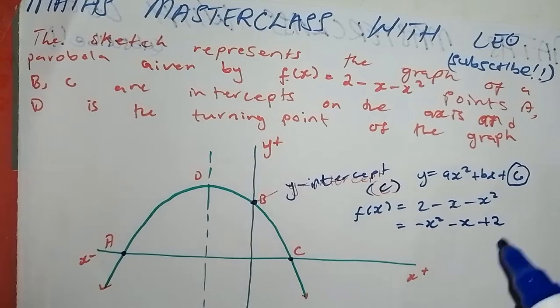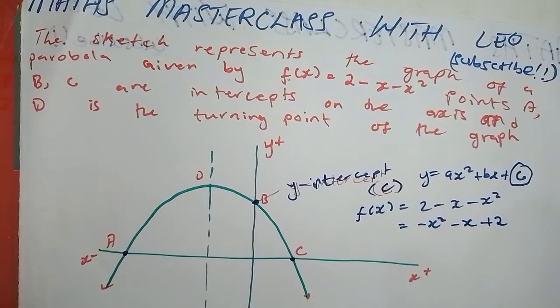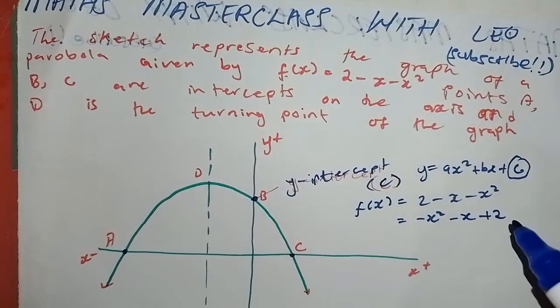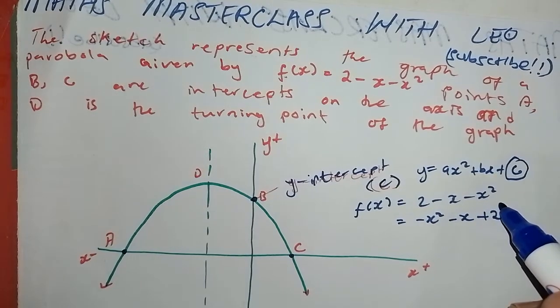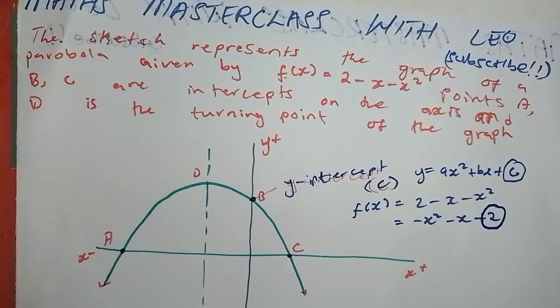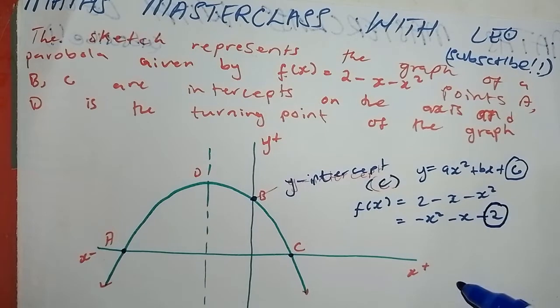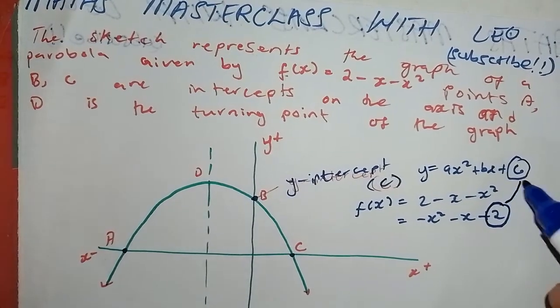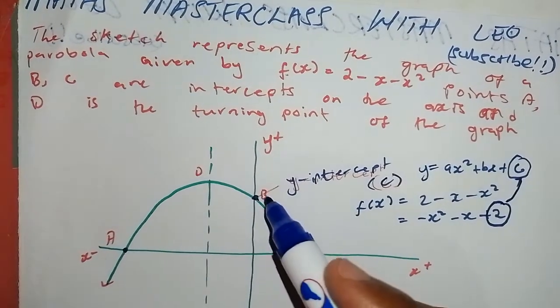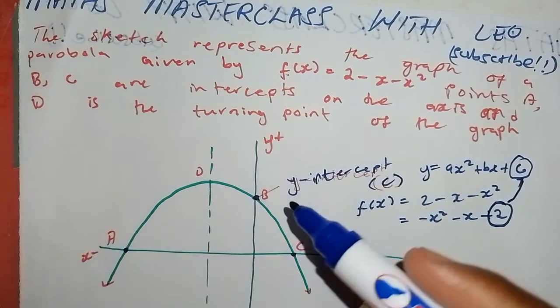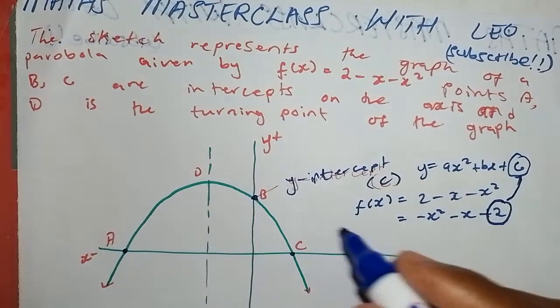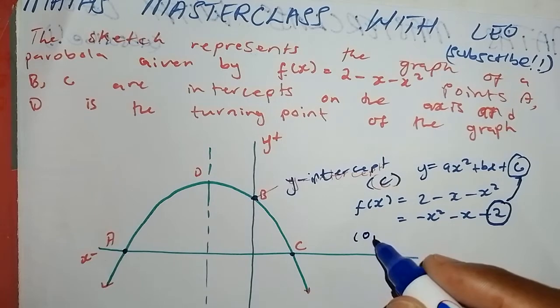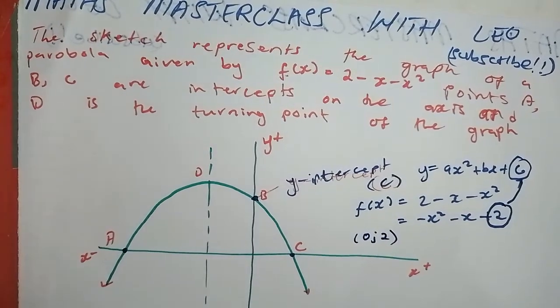This is how my graph will look. Remember, the y-intercept is represented by the constant. This is your constant. It simply tells me the coordinates of B are (0, 2). That is my y-intercept.